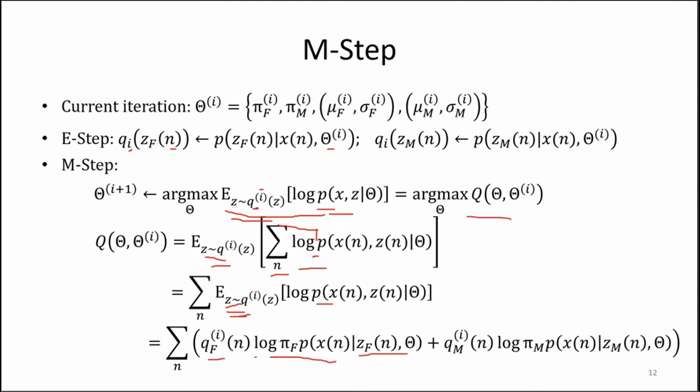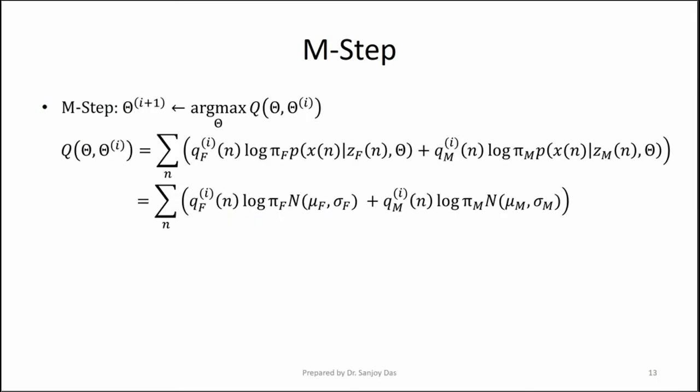That's when z is female with this probability, and likewise the second term in this expression is when z is male, and we get this term here in each term of the summation. So this completes the derivation for the M step.